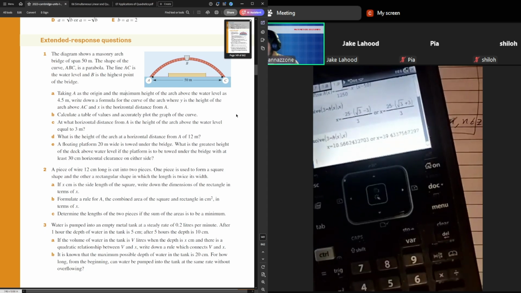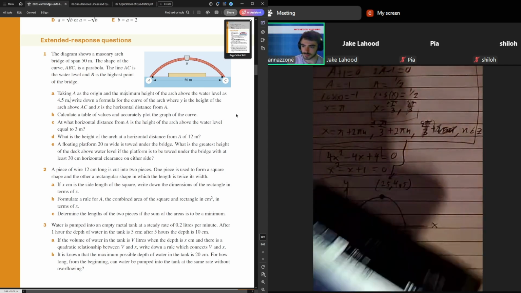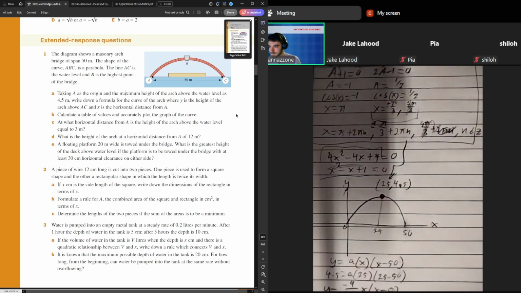That's that. Part D, very similar question. What is the height of the arch at a horizontal distance of 12? Pretty quick to say what's going on there. Very similar information.